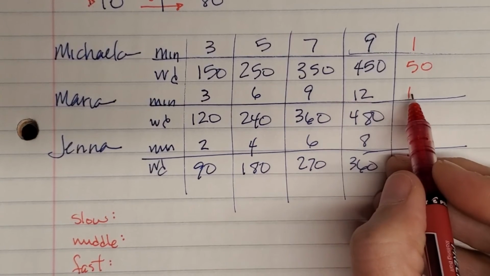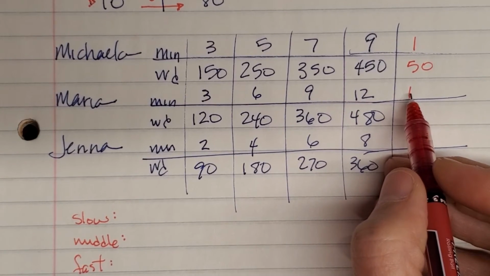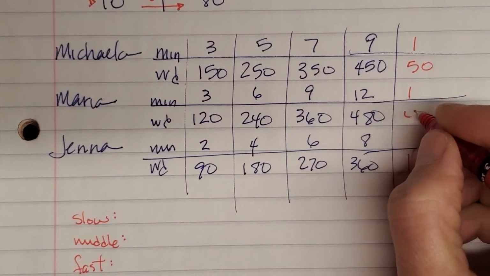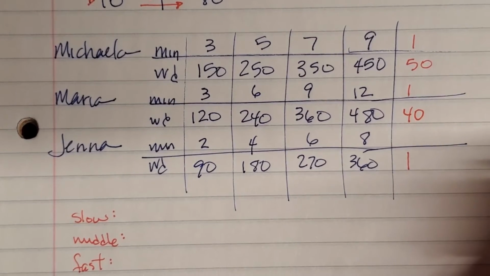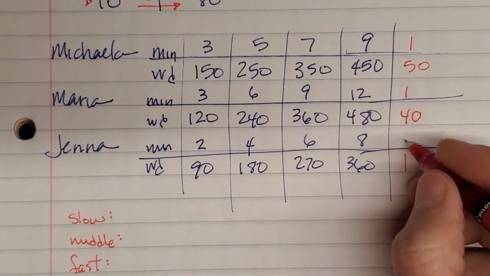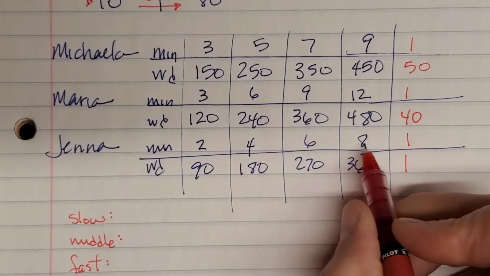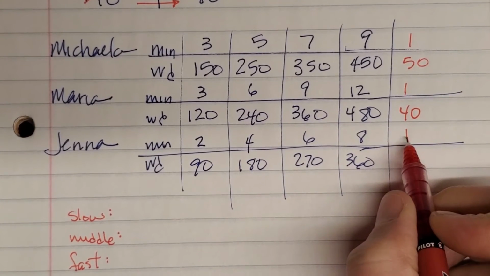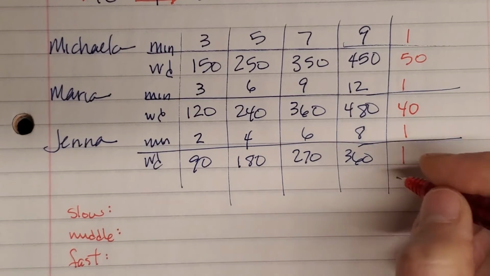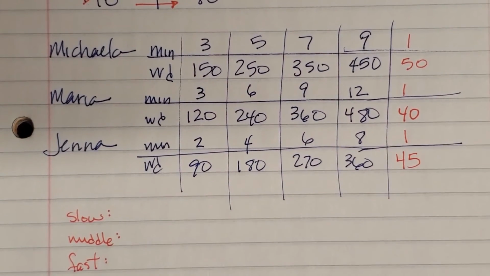How do I get from 12 to 1? Divide by 12. 480 divided by 12 is 40. All right, and then Jenna, oh gosh, I put that in the wrong spot, sorry. To get from 8 to 1, divide by 8. So 360 divide 8 is 45.